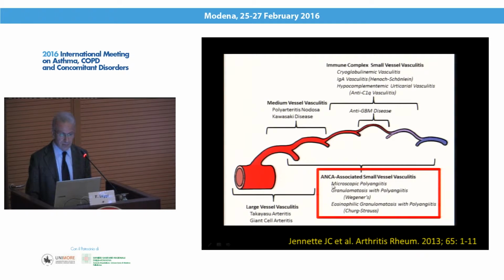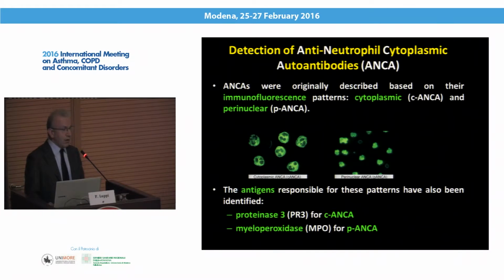In the new classification, eponyms have been deleted, so granulomatosis with polyangiitis is the new name for the former Wegener's granulomatosis, and eosinophilic granulomatosis with polyangiitis, formerly called Churg-Strauss. But what are ANCA? ANCA is an acronym that stands for anti-neutrophil cytoplasmic autoantibodies, originally described using immunofluorescence and divided into cytoplasmic and perinuclear ANCA.